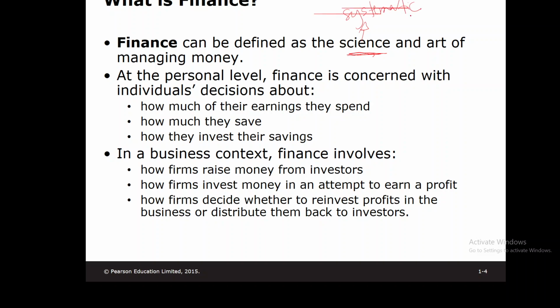So, a systematic body of knowledge. If it is a systematic body of knowledge with our subject matter of valuation, in what manner will it be affected? You have to make use of the system approach, okay?